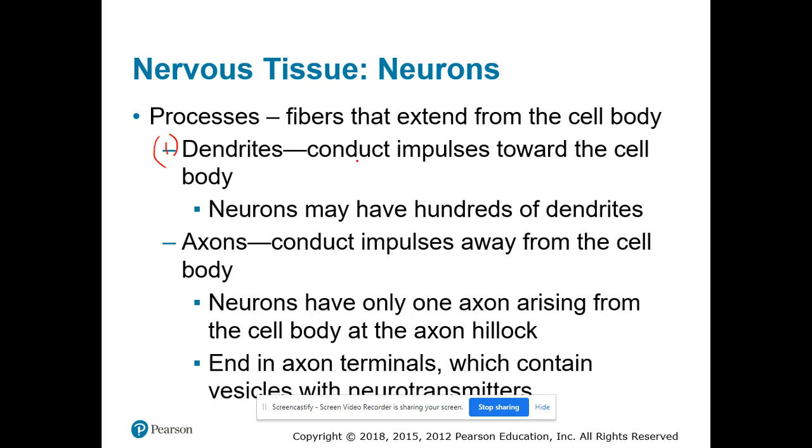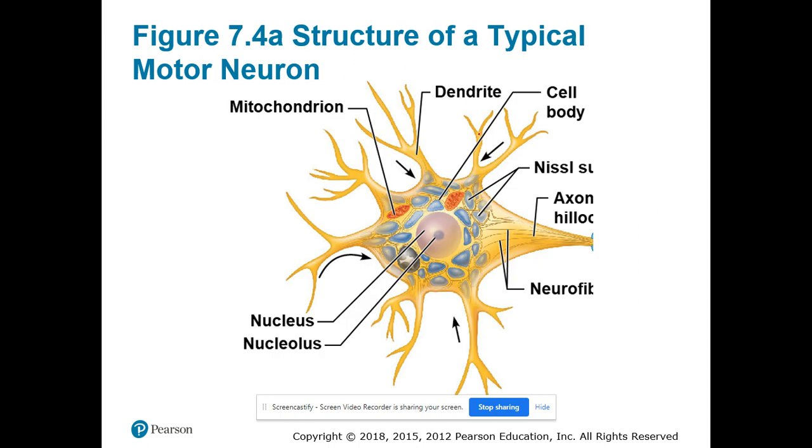These conduct impulses towards the cell body, and neurons can have hundreds of dendrites. So up here, these arrows are pointing in to signify the message going to the cell body. So all of these extensions here, here, here, these are all dendrites that are sending signals to the middle of the cell body.